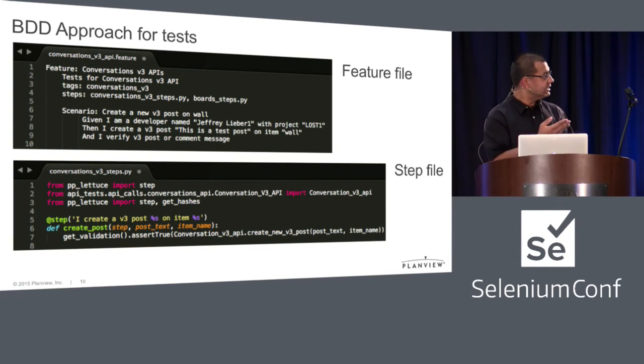A feature file is a test suite. It contains a number of tests or scenarios following the given, when, and then BDD syntax. Also, a scenario consists of a number of steps, and it's the step file which contains the mapping of the steps and methods containing the actual test logic.